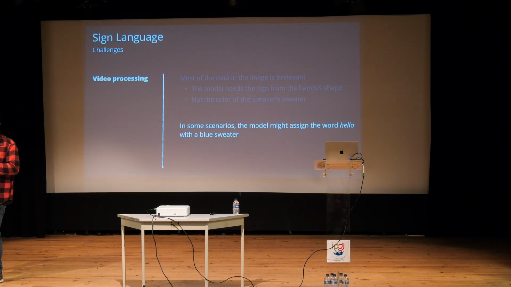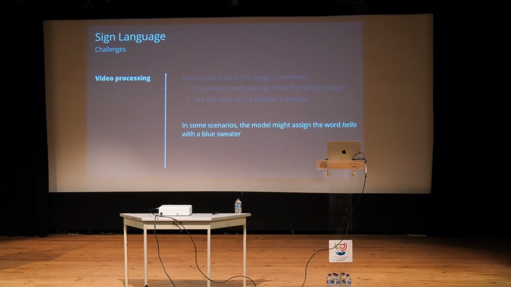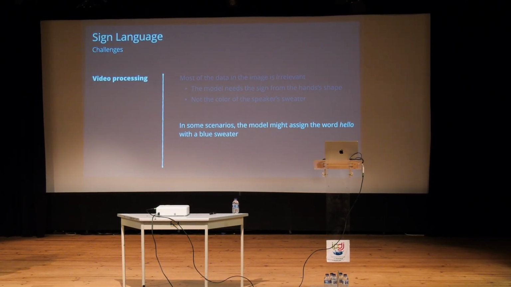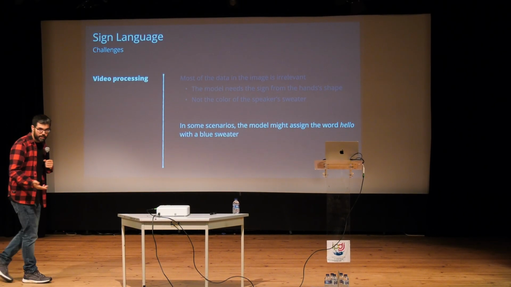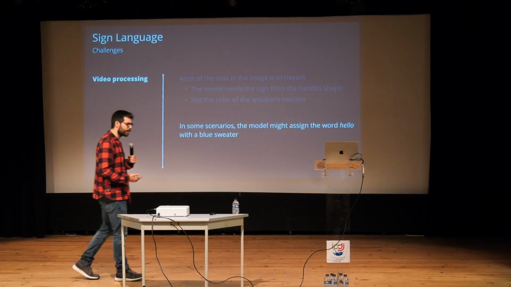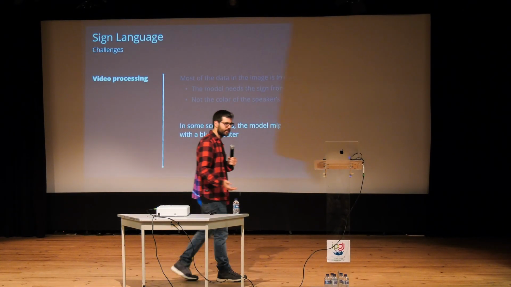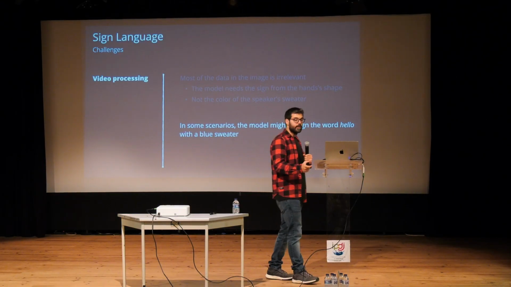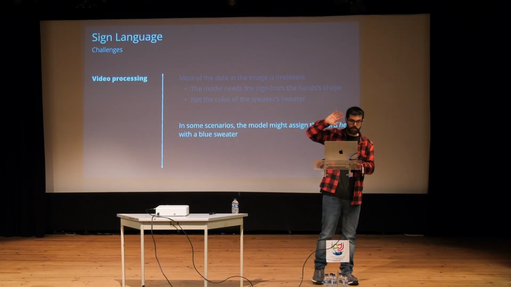So when I trained my model, I thought that it was understanding the hello. No, it understood that I was wearing a blue sweater. And basically the next day I was wearing a different sweater and it didn't work. And it took me a lot of time to understand that the problem was that it understood that the sweater meant hello and not the waving gesture.